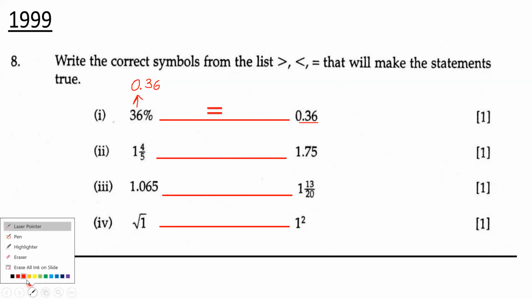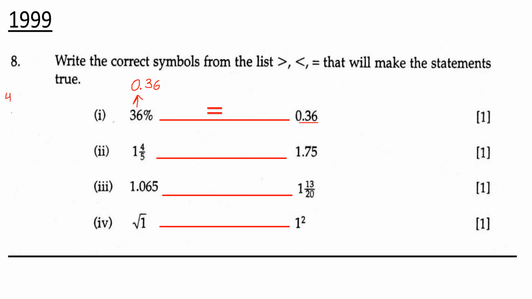Well, if we look at 4 over 5, let me write this at a different place so we don't run out of space. 4 over 5 is actually equal to 4 divided by 5. And 4 divided by 5 is definitely 0.8.